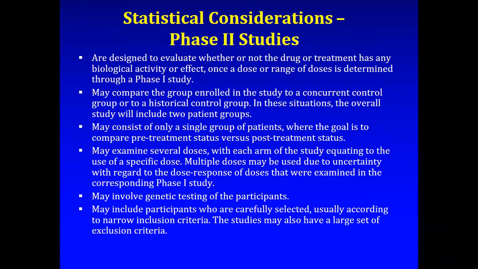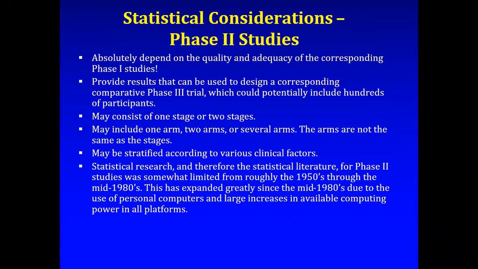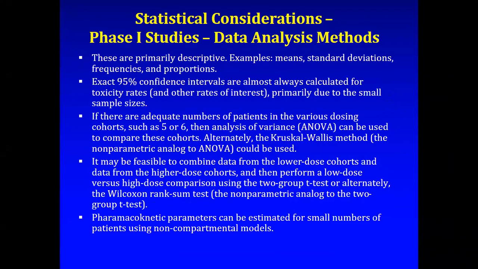So I'll go ahead and move on to phase 2 studies. One thing I didn't show, but maybe I should have given an example. For phase 1 studies, biostatisticians often do calculate the probabilities of dose escalation.